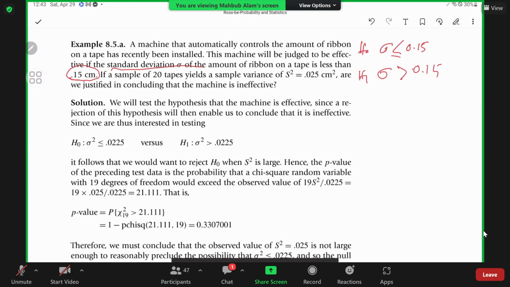What is our value? 21.11. So it is greater than 8 and it is less than 38. So we do not reject the null hypothesis. So this is one way of the test. The other way is to calculate the p-value, from this chi-square distribution curve.